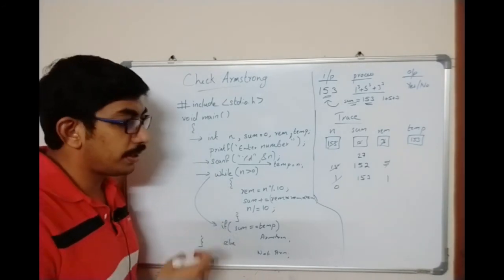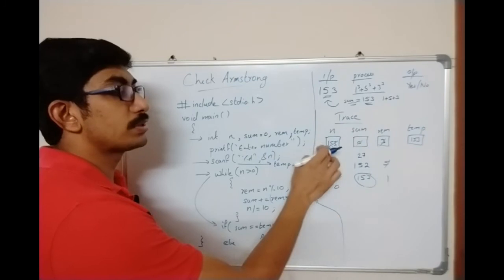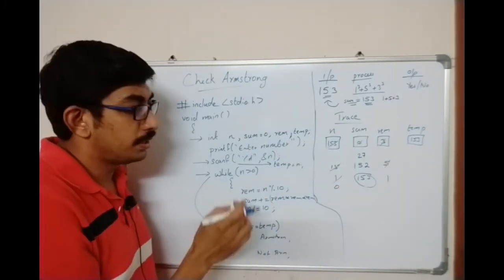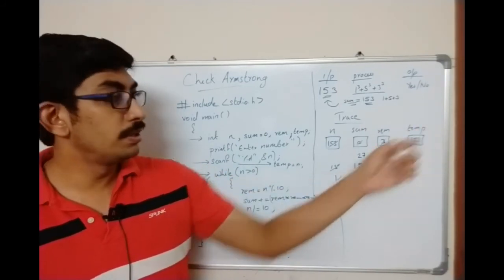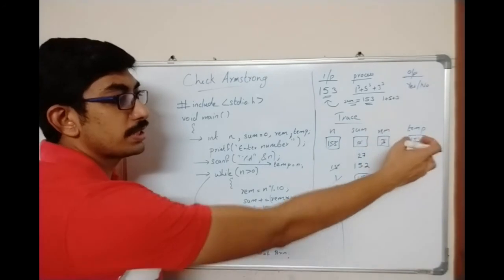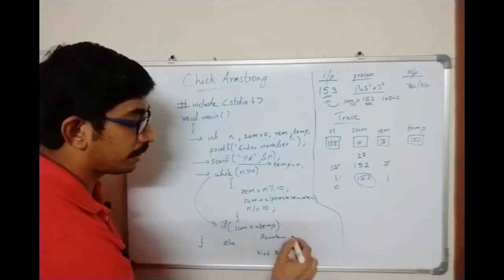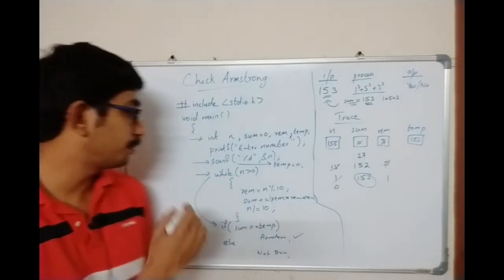Once we are out of the while loop, we have to check whether the process result is the same as the original value. The original value is placed in the temporary variable temp, so you check whether sum is equal to temp. In this case both are the same, so I print that it is Armstrong. I hope it is clear for you.